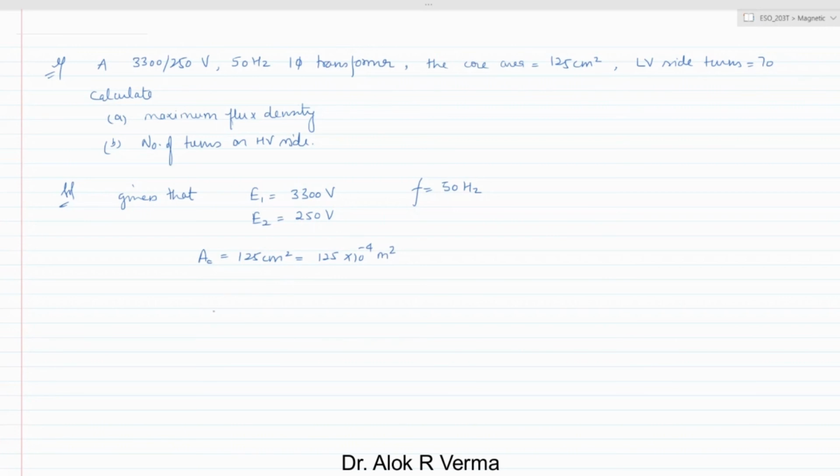Using the EMF equation, E is nothing but 4.44 N f phi m. If it is from the primary side, we have N1 for E1, and if it is the secondary side, we have this way.